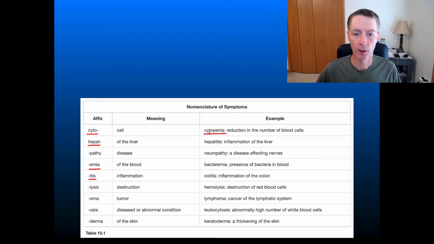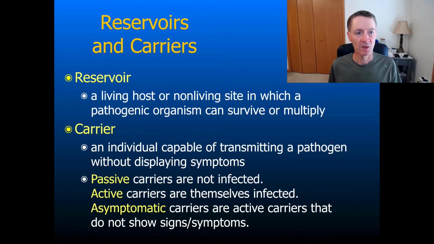Cytopenia, so cyto, something to do with cells, and this penia part is usually a lower amount of whatever it is you put in front of it. So in this case, lower amount of red blood cells. Hepatitis, right? So the first part is for liver, the second part for inflammation. You get the idea.